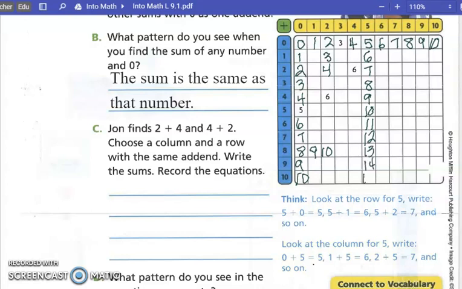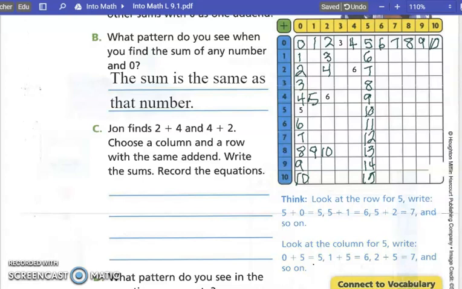Okay, because 10 plus 5 is 15, right? Okay, Vivian, what row did you do? I did 4. So 4 plus 0 was 4, right? 4 plus 1 was 4 plus 2 was, they already did that one for you.